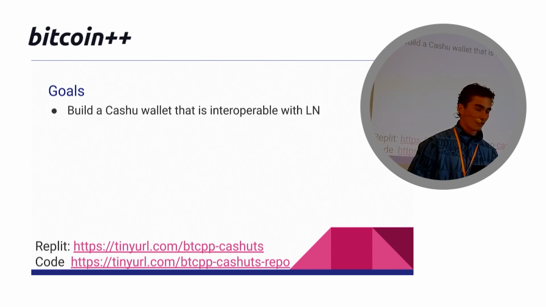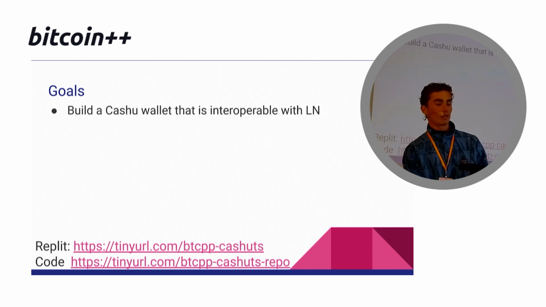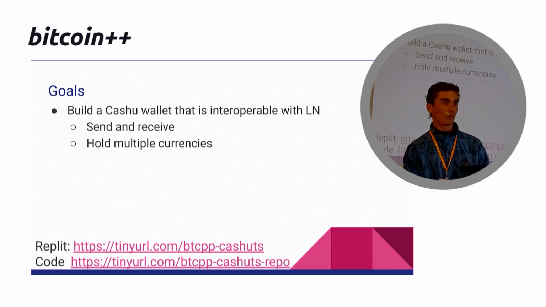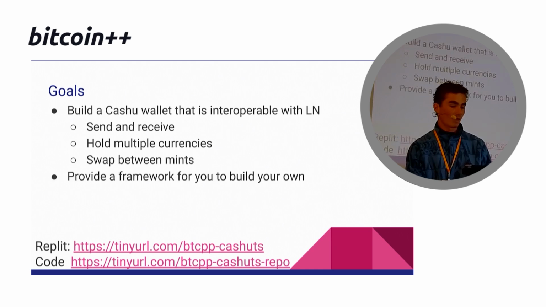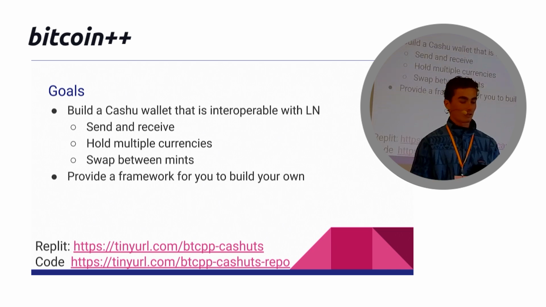My goals for today are to build a Cashu wallet that is interoperable with the Lightning network. We'll be able to send and receive Lightning payments, hold multiple currencies, and swap between mints. And also, I want to provide a framework for you to go and build your own Cashu wallet.